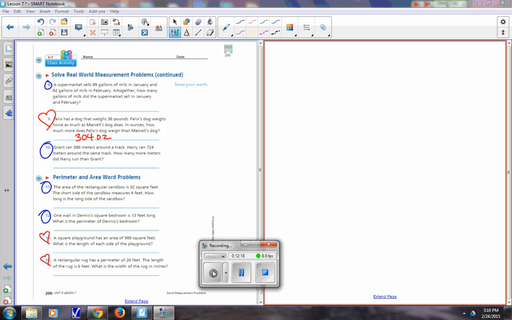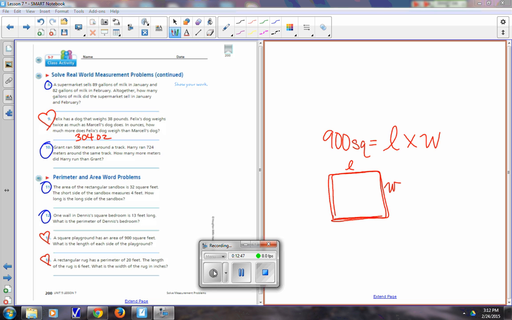Okay, that's not right. So 900 square feet. The way I'm looking at this is I know that I have to multiply one side by another side, and that all 4 sides are the same.